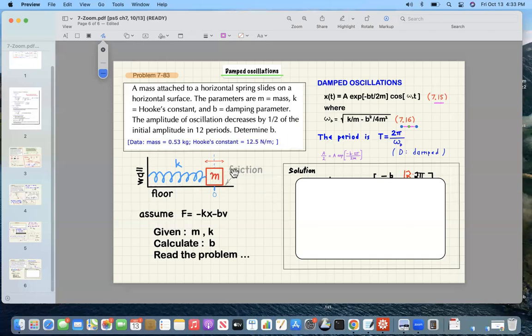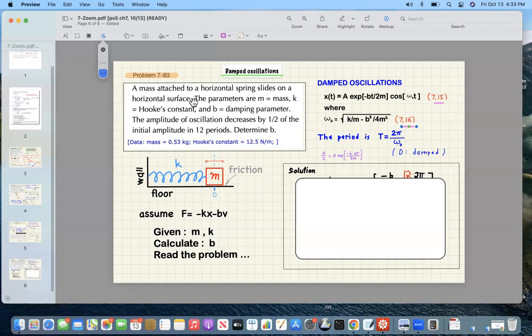because, well, let's think of air resistance. It's moving through the air to the right. The air is kind of holding it back, creating a force to the left. So here's the form of a force with damping. Minus Kx is the restoring force of the spring, depends on the spring constant. Minus BV is the force from friction.